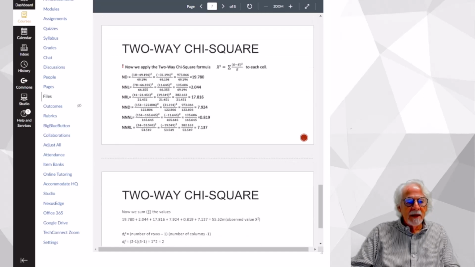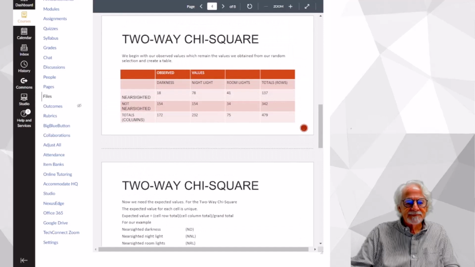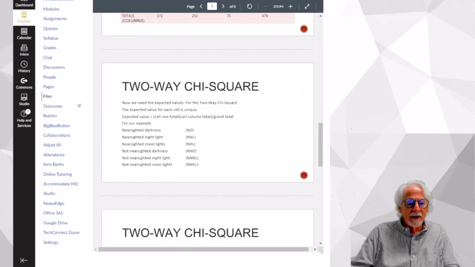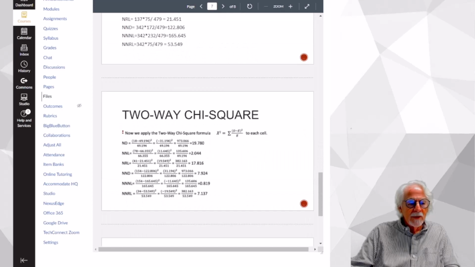Same thing, I did this, did the subtraction, did the square, did the division, came up with this. Same thing, here's my observed value minus my expected value, right? And I came up with this, I squared it, again, I did the division, and here we go.